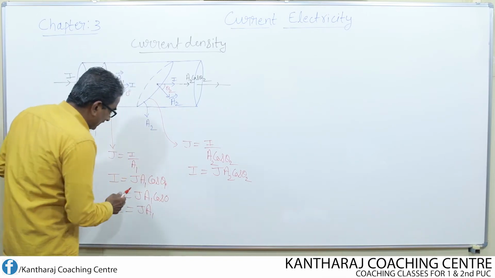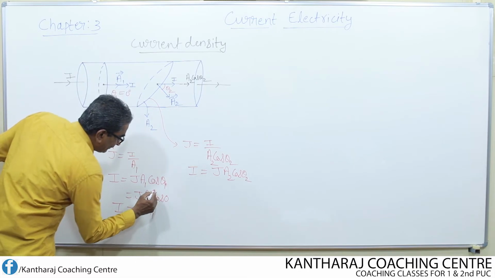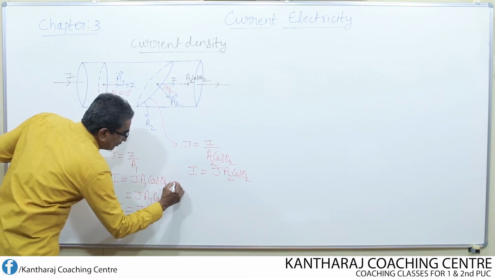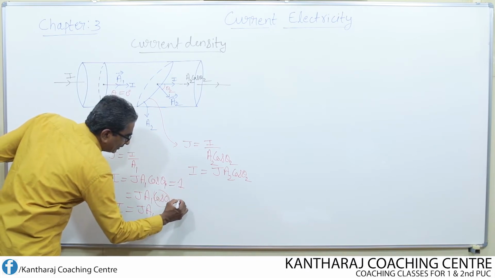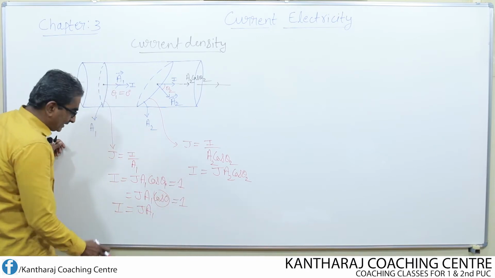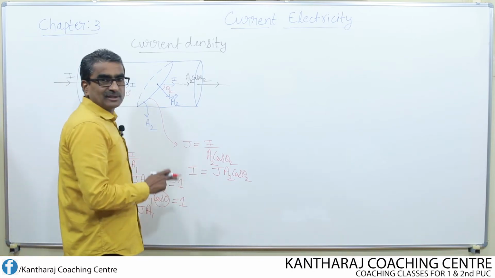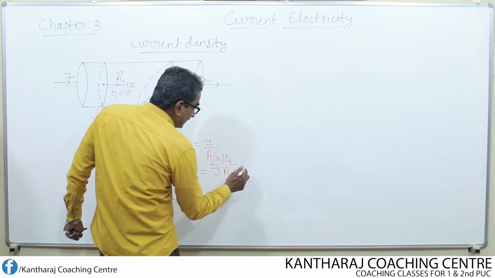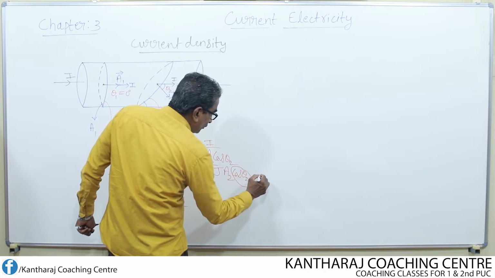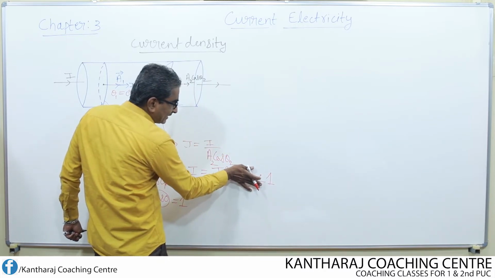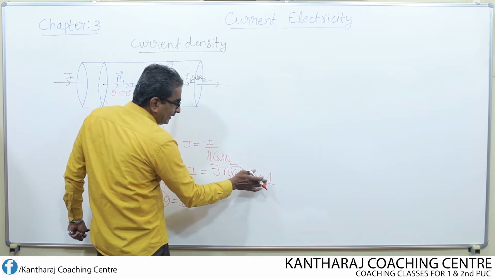Why? Here cos theta 1 is found to be equal to 1, because cos 0 is equal to 1. That's why we got I equal to J into A1. Here what happens? Cos theta 2 is found to be less than 1. That means this quantity decreases.